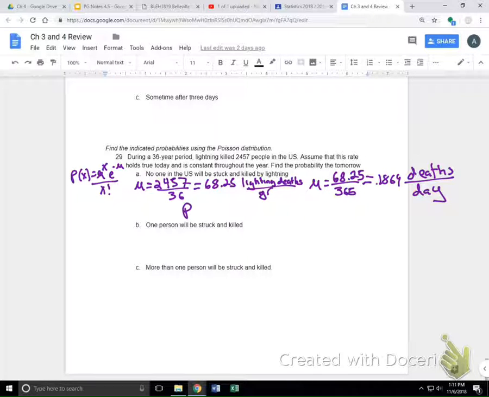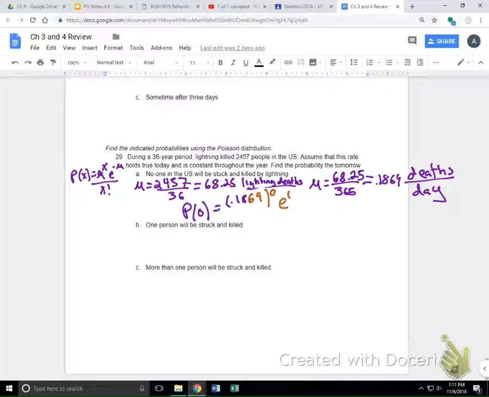Okay, and then now we want to find the probability that no one will be killed by lightning. So that's the probability of 0. And so I'm going to take that, and I'm just going to now substitute in what we know. So my mu is that 0.1869. I'm going to erase that lightning deaths per year part right here so I have space. I can change color as well. 0.1869, and that's going to be raised to the 0 power.